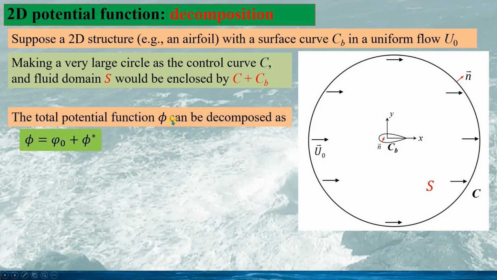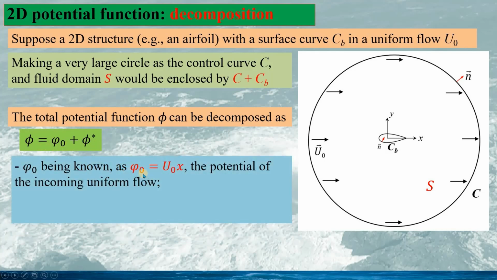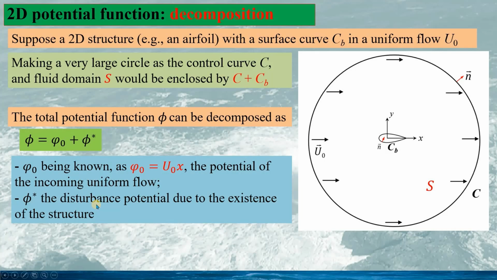So the total potential function phi can be decomposed as phi equaling phi 0 plus phi star. Phi 0 is the potential function for the uniform flow, and phi star is the disturbance potential function due to the existence of the structure in the uniform flow.